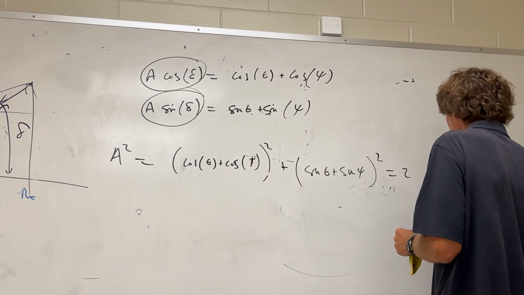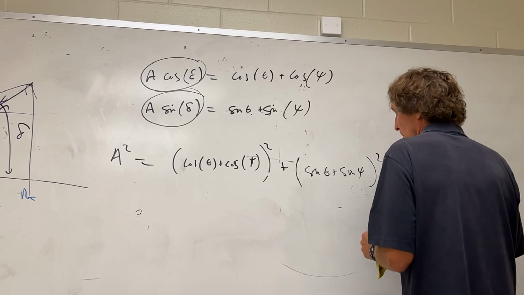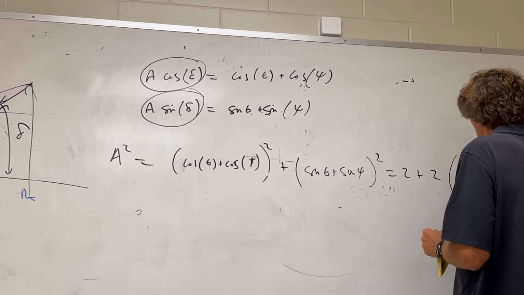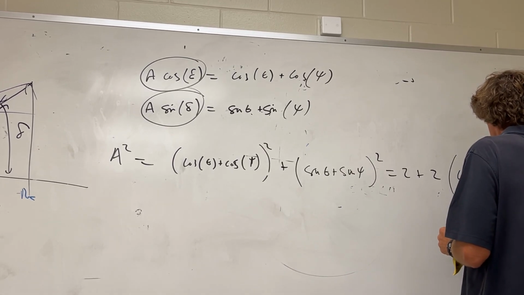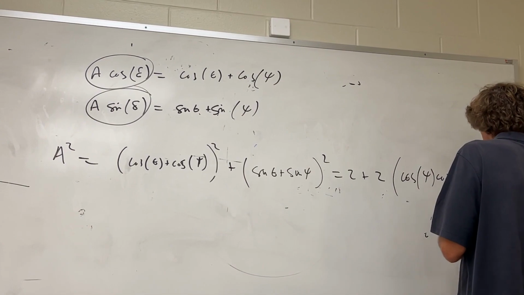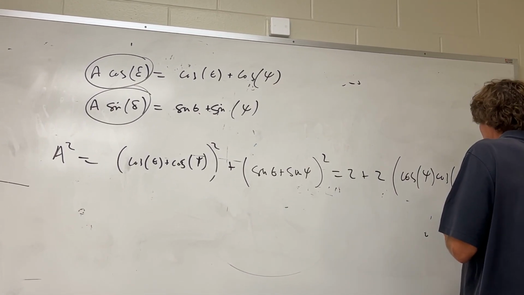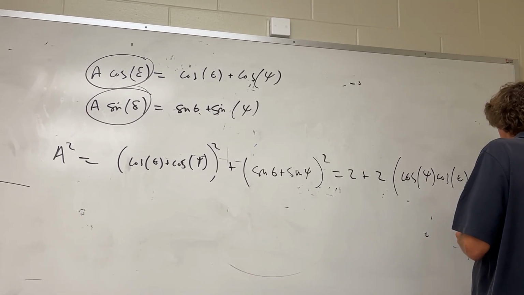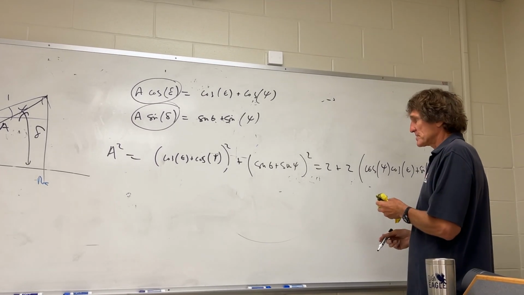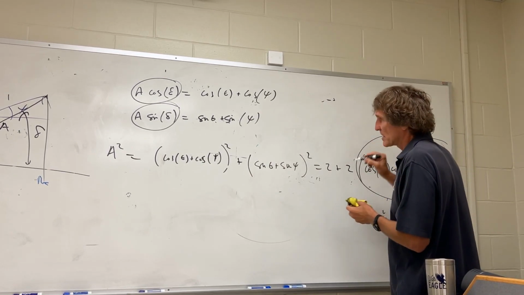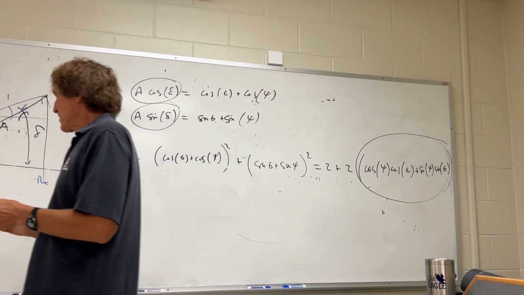So I really have plus, if you look at this, it's going to be 2 times quantity cosine of psi, cosine of theta, and it's going to be plus sine of psi, sine of theta. You with me on this one? Now this is something you can look up if you don't know it.